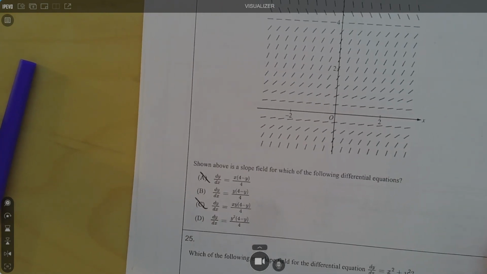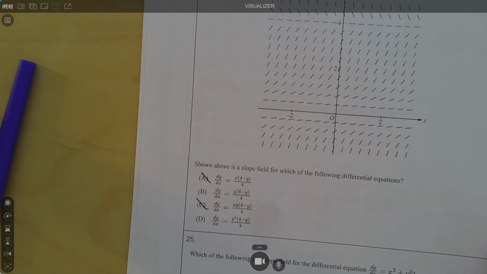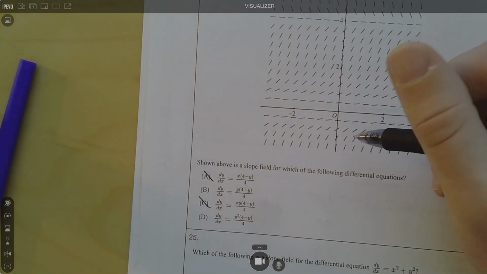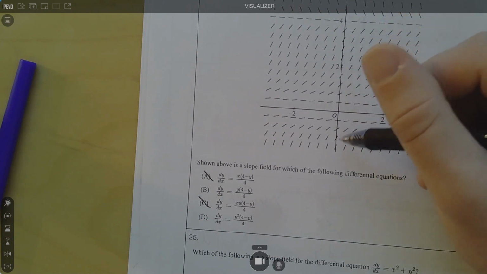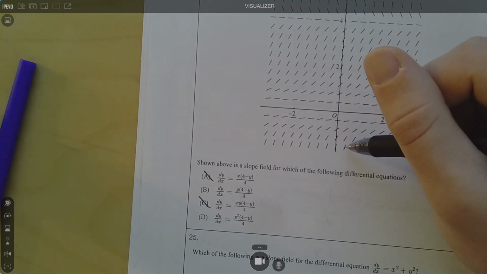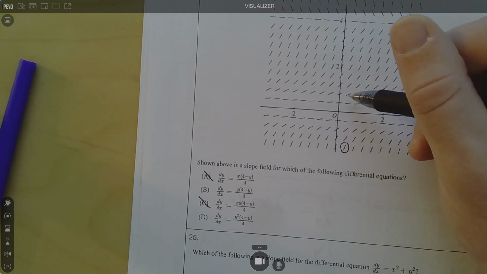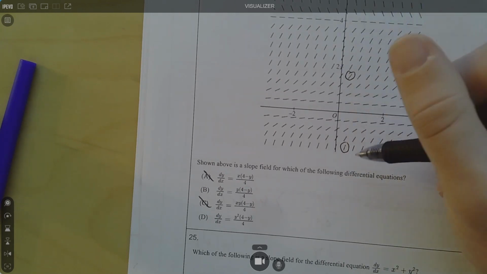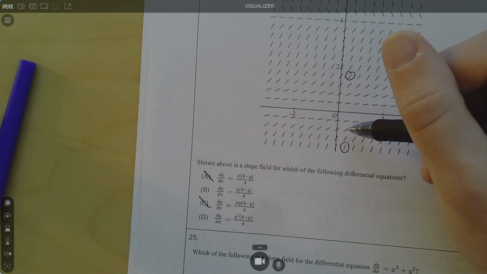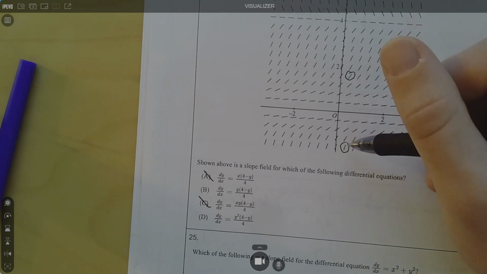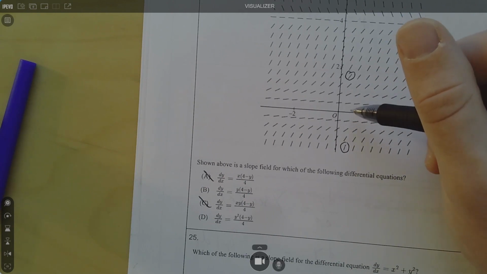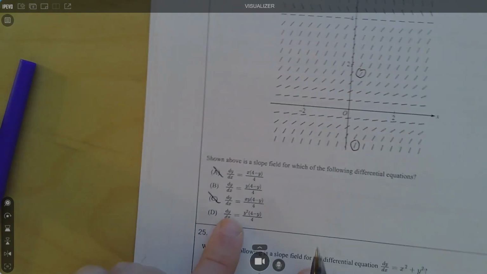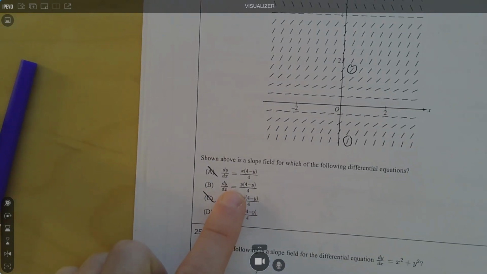Well, I can pick two coordinates here. So this is 2, right? If we look right here, this is 4 down, and they go 1, 2, 3, 4 up right here. If we look at these, they should be, if it was y, right?